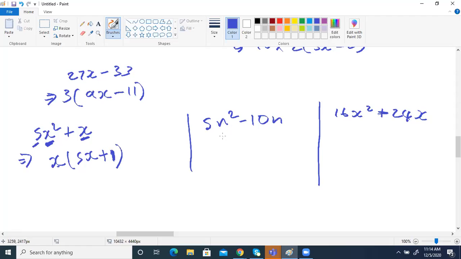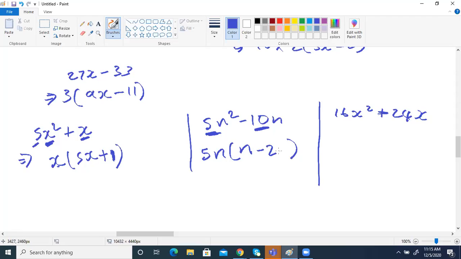All right, so let us try this one. When it comes to the numbers now, what's the highest common factor? 5. When it comes to the variable, what's that? n. So 5n, then open the bracket: n minus 2n?